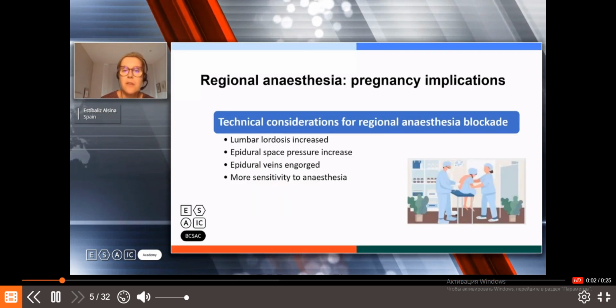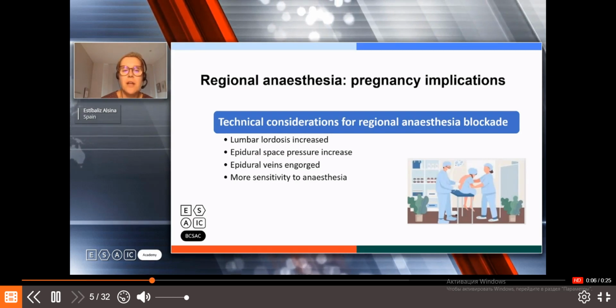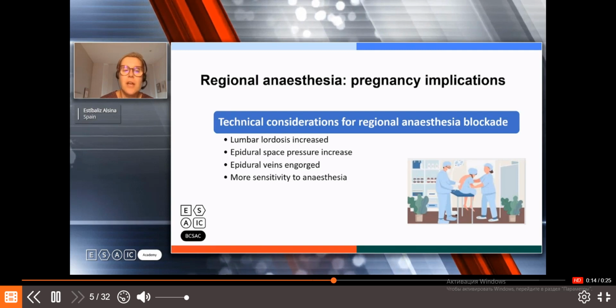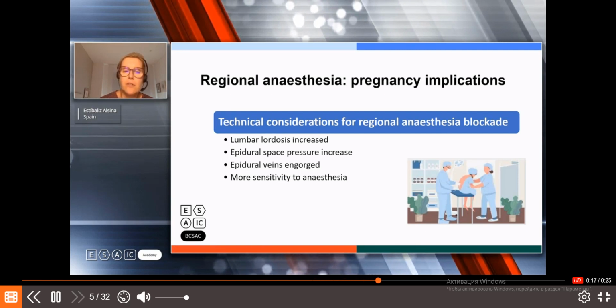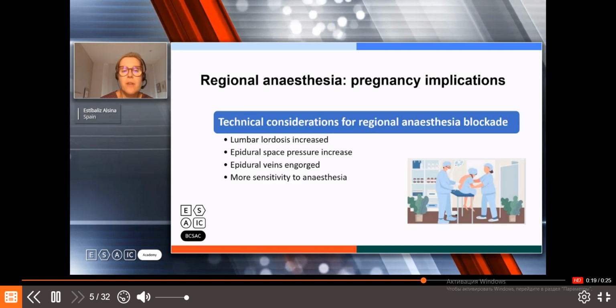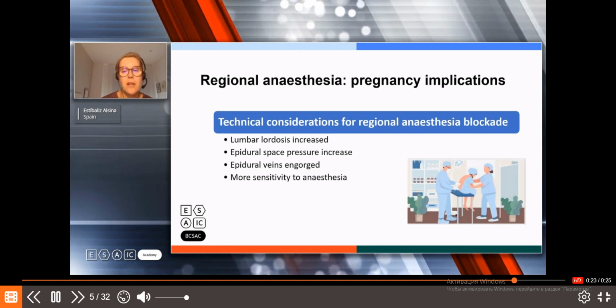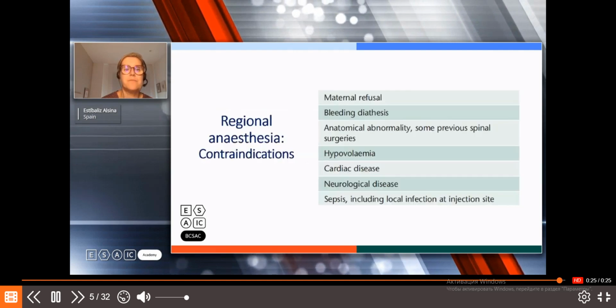The technical considerations for regional anesthesia blockade during labor are that the mother has increased lumbar lordosis, the epidural space pressure is also increased, the epidural veins are engorged, and mothers are more sensitive to anesthesia, so we have to use a lower concentration.